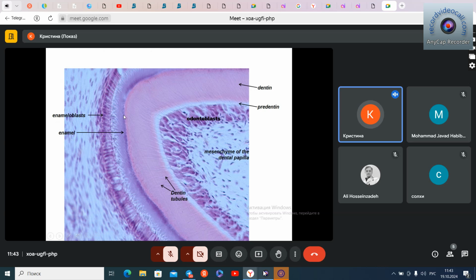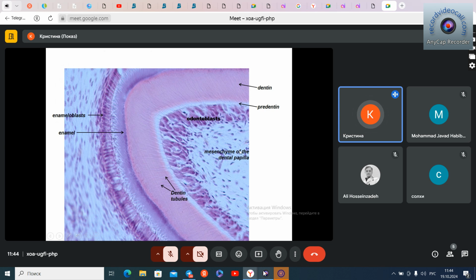Enamel is seen here as the thin blue line. So ameloblast, next goes the combined intermediate epithelium of the enamel organ, stellate reticulum, and outer epithelium. Here they come close together and they all are very thin and they form here the future cuticle of the tooth. All other cells are the cells of the mesenchyme.